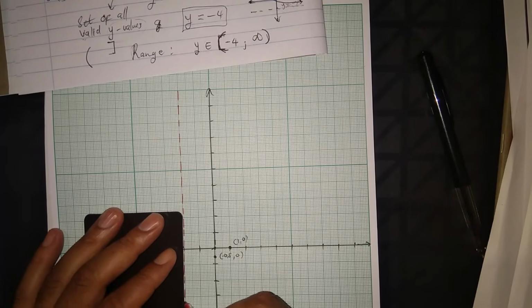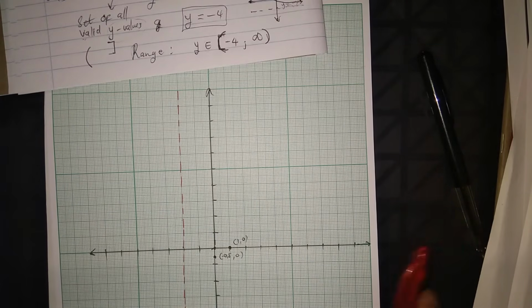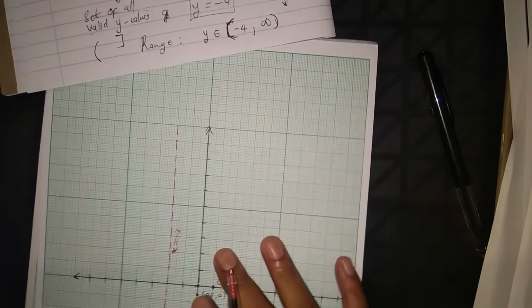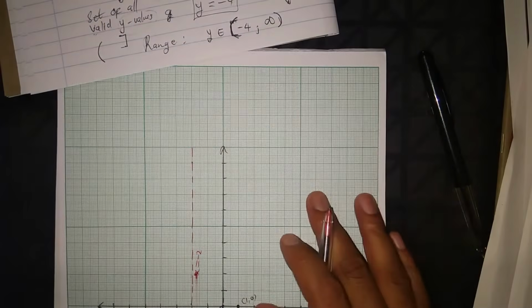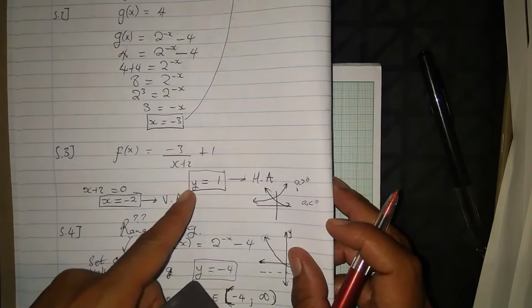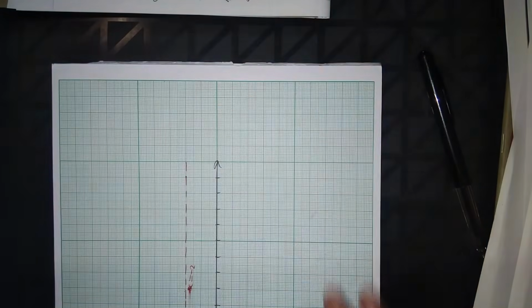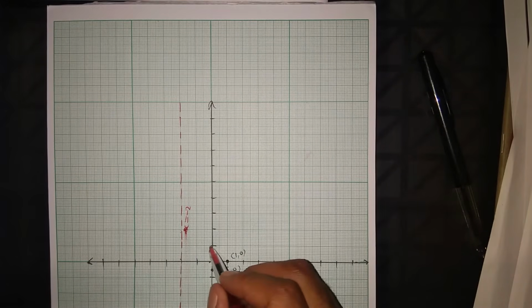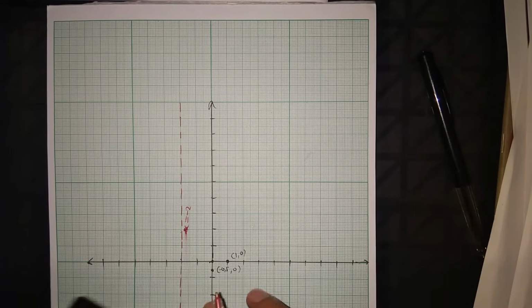Then the sketch I will make as a solid line, using a black pen. Okay, here is our first asymptote, x equal to -2, and this is the vertical asymptote, and then the horizontal asymptote is y equal to 1.